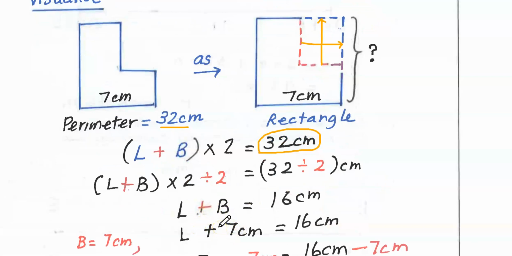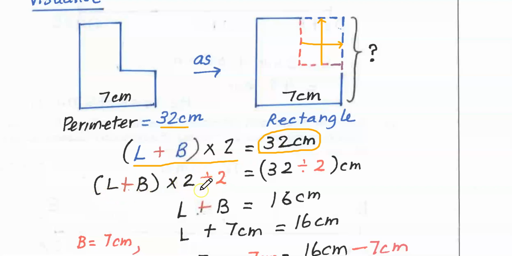But it looks more like a breadth. Now I generate an equation, the perimeter equation: a length plus a breadth, one of this plus the other one. So it's got to be L plus 7, or 7 plus L, times 2 will give me 32. So I extend it: L plus breadth, times 2.